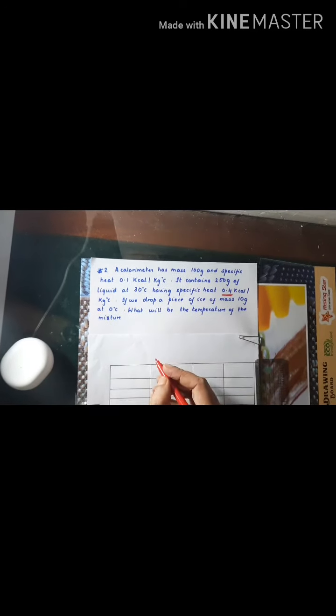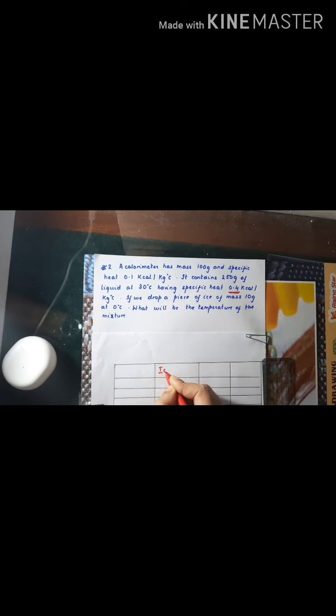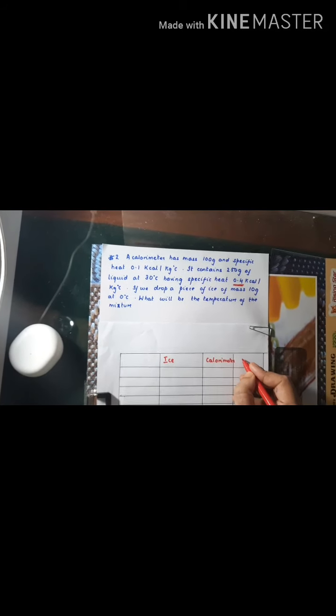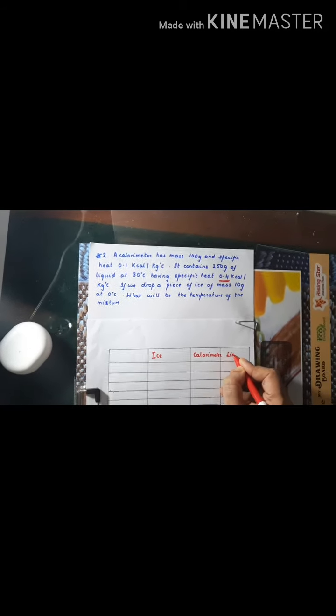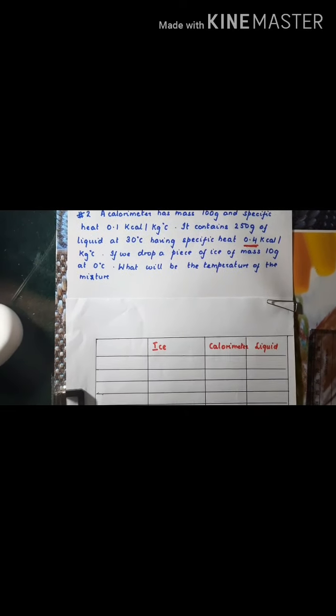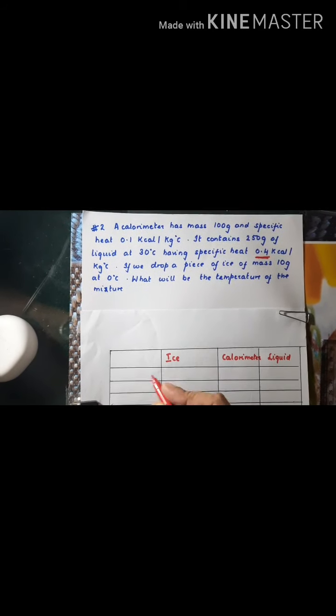If we drop a piece of ice, now we are putting ice in a calorimeter, right? This is my copper calorimeter, which has a liquid in it. Obviously, that liquid is not water because its specific heat is 0.4.